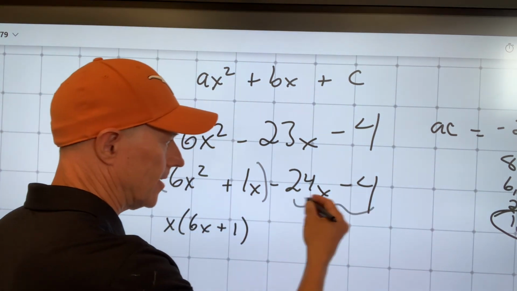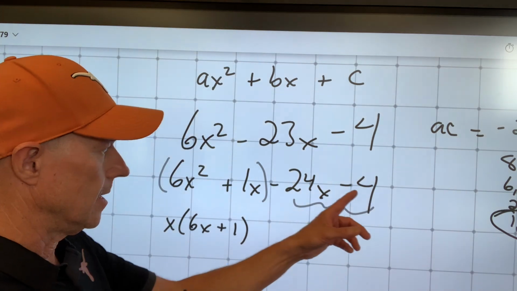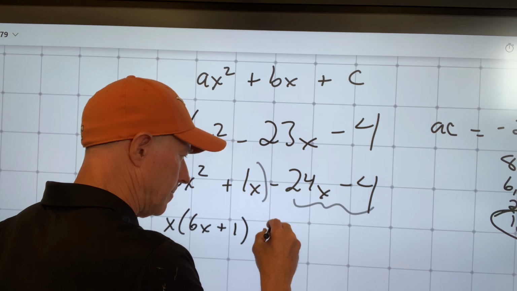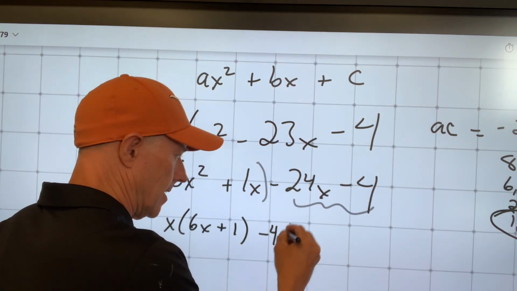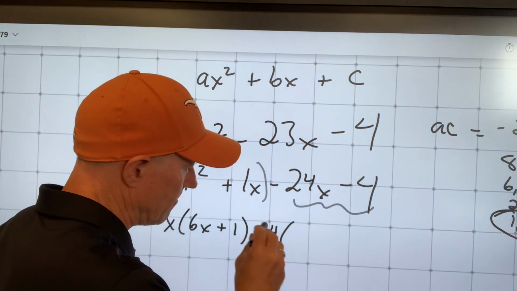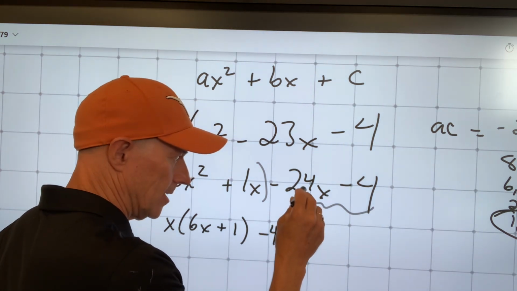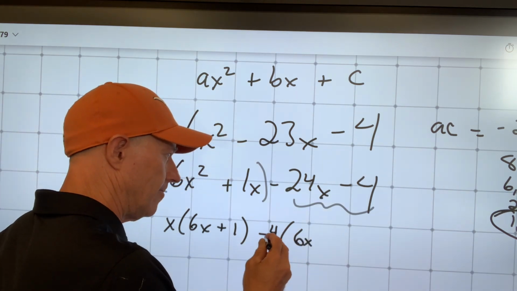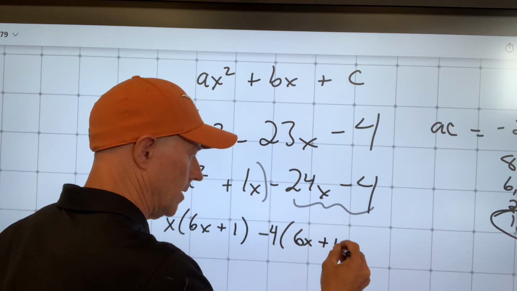The greatest common factor here is, let's see, 4 goes into both 24 and 4. If this sign's minus, just keep it and make it a negative 4 that you're factoring out. So if it had been plus, I'd factor out a positive 4. But if I'm factoring out a negative 4 from a negative 24, I get a positive 6. And it's 6x because of that x. And then negative 4 factored out from a negative 4 is a plus 1.